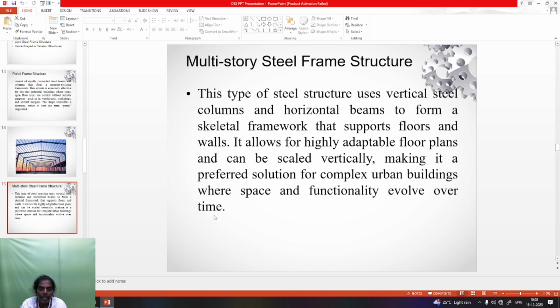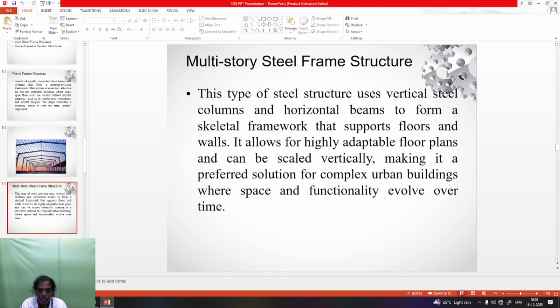Next one is multi-story steel frame structure. Multi-story means the columns and beams are used as a vertical skeleton framework. It is normally used for high-rise buildings, adaptable high-rise buildings. It is also used for complex urban buildings.